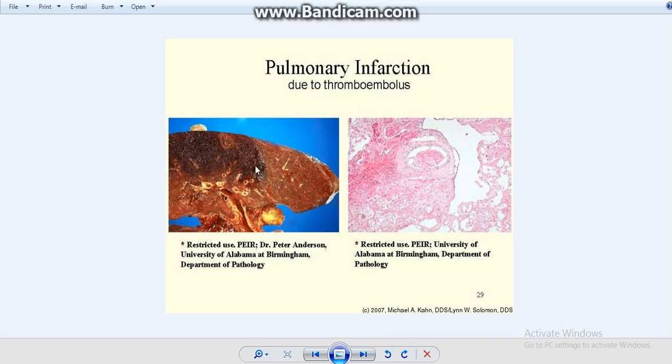It is dead, but it remains firm, and it is a result of an infarction, an ischemic obstruction, in all tissues except for the brain, because the brain undergoes liquefactive necrosis, which we will talk about in the next video.